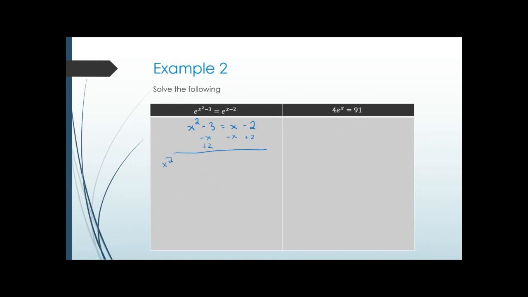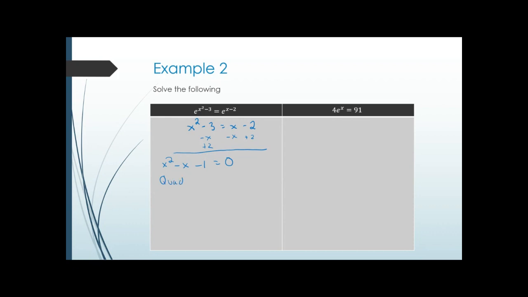So I have x squared minus x, and then I have a -3 plus 2, which is -1. And then this equals 0. So now this would be something where you would try to factor or solve with the quadratic formula if possible. So this does not factor. So we'd have to use the quadratic formula.